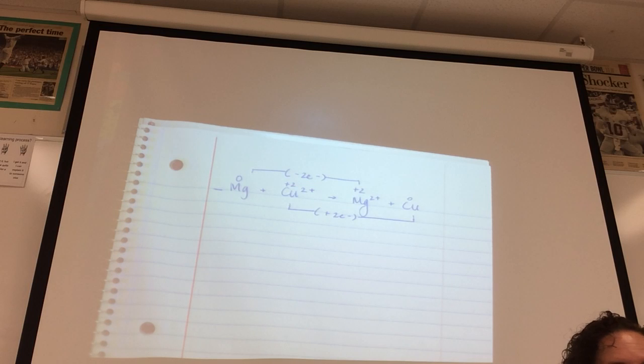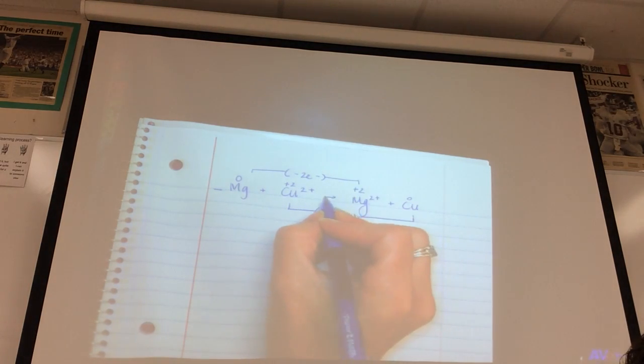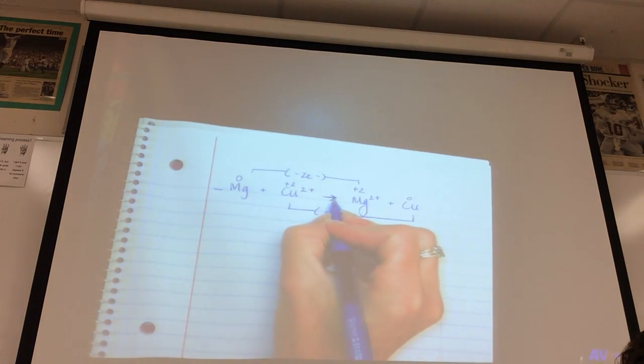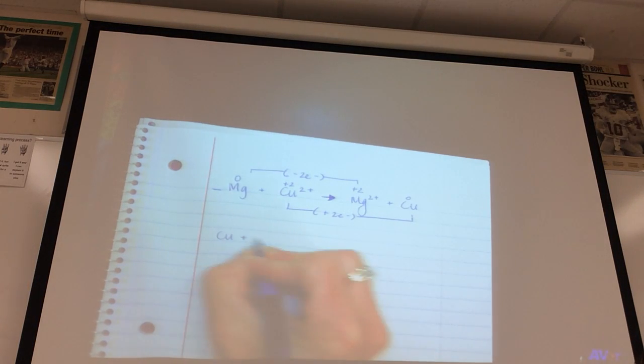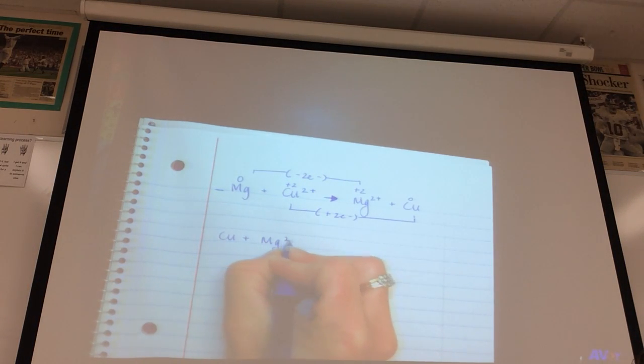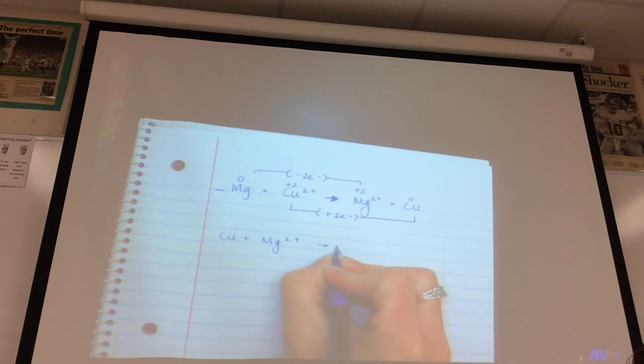Because copper has a lower activity, so copper doesn't have the ability. So these reactions only run in the forward direction. They are not reversible. Okay? So if you had this, you'd have no reaction.